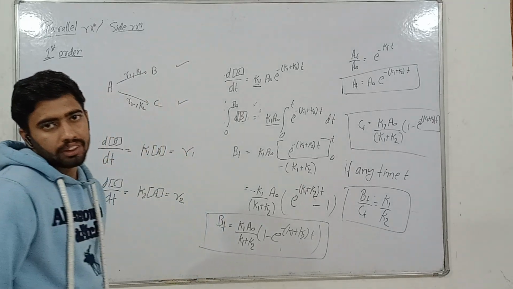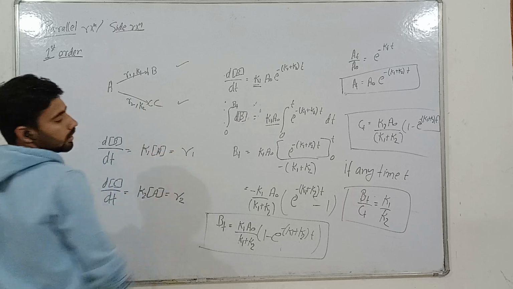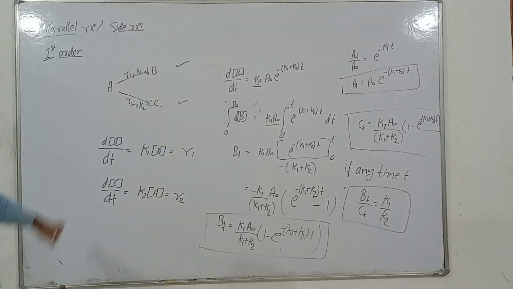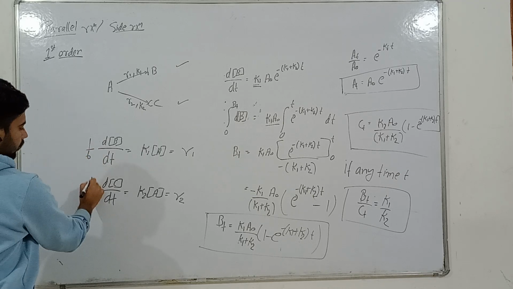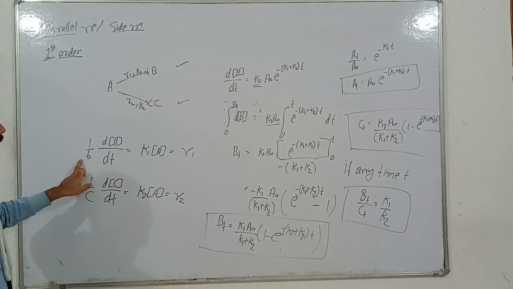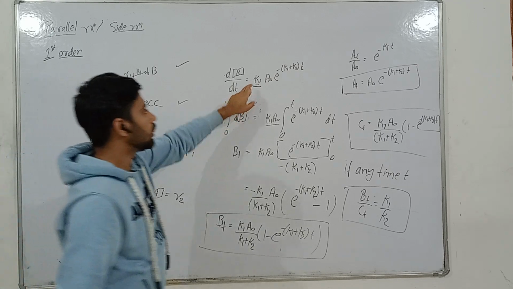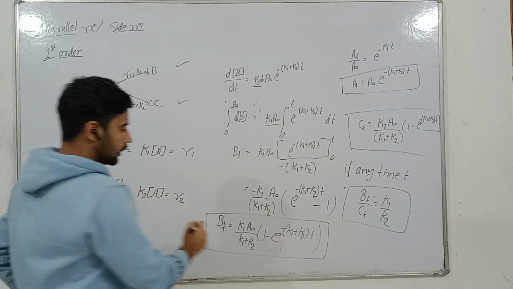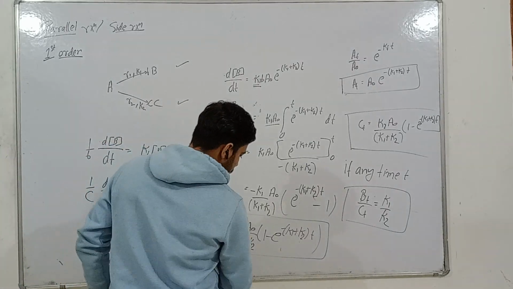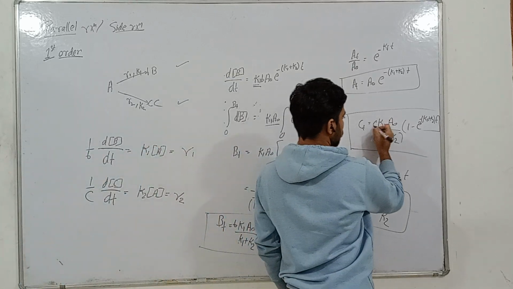If I assume that here is the coefficient of b and this is the coefficient of c, then 1 over the coefficient times dB/dt, we will put the value of k1 into b, similarly k1 into b, and the same for c.